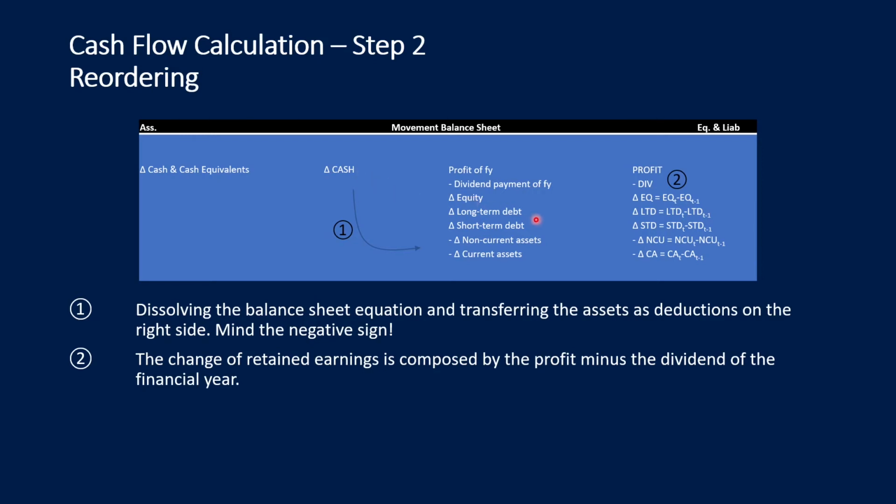The same is true for short-term debt. Now we see why we have a minus sign for the non-current assets. Because if we invest into non-current assets, or into current assets, money is leaving the company. Accordingly, we have a negative cash flow if non-current assets or current assets go up, and then cash would go down.